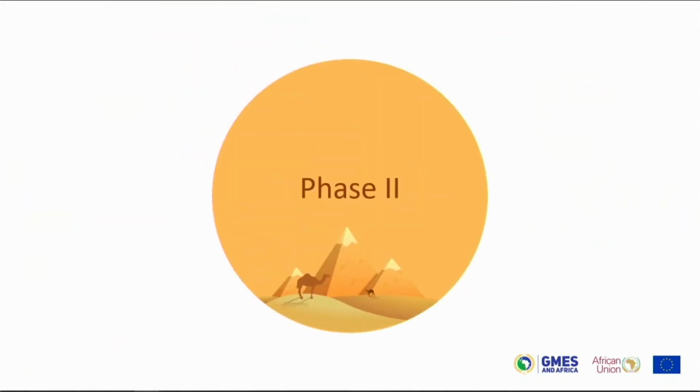Now let's go straight to Phase 2. My presentation is limited to Phase 2. Let's not confuse it with what has been done in Phase 1, which was 4 years, but here we are talking about what we have done since 2022 to today.